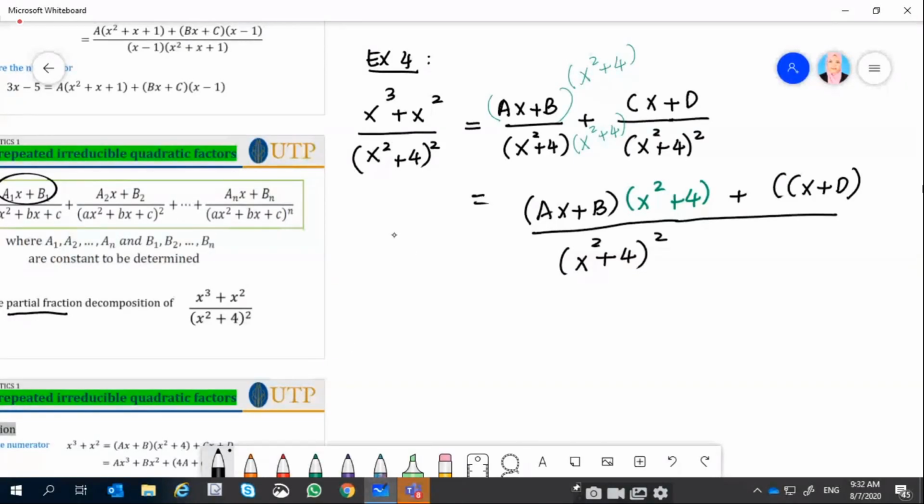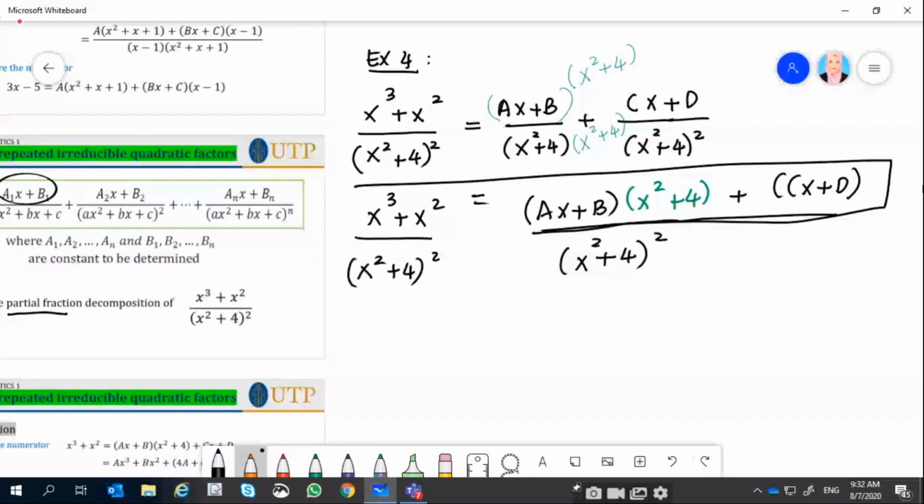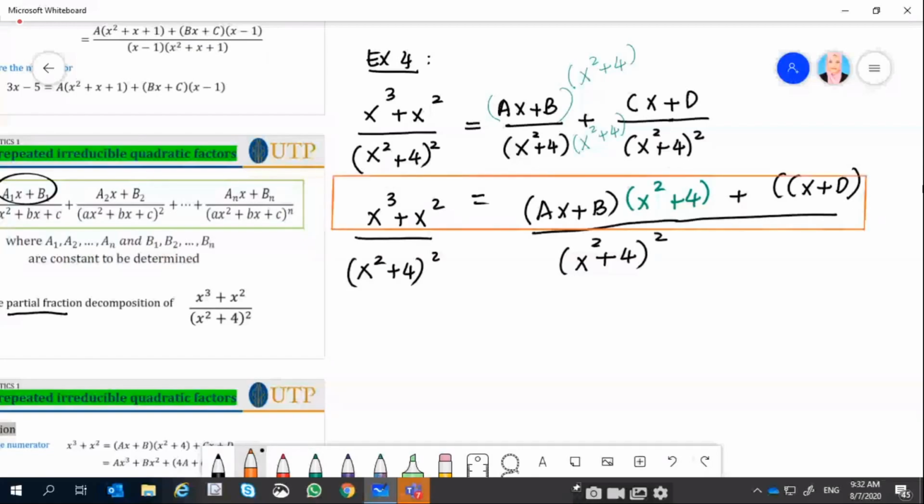So compare the numerator part and find A, B, C, D. Can you use the first approach here? No, because there is no linear factor. So the only approach that you can use is compare the coefficients. So you have to expand first.